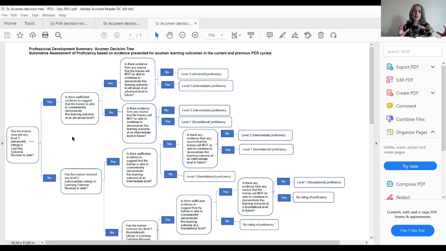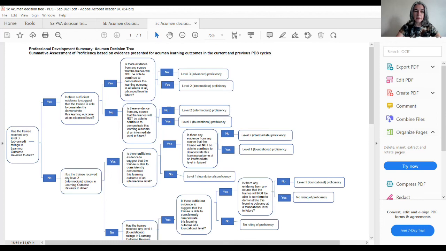With that set of evidence, it's likely that you'd probably say you'd need to see a little bit more level 3 evidence. But perhaps that last scenario was so advanced that really the trainee has lifted themselves out of the level 2, and that you truly believe that this trainee will be able to continue to demonstrate at a level 3 advanced proficiency, no matter what scenario is presented to them. Then you can rate them at a level 3 proficiency at a summative level.